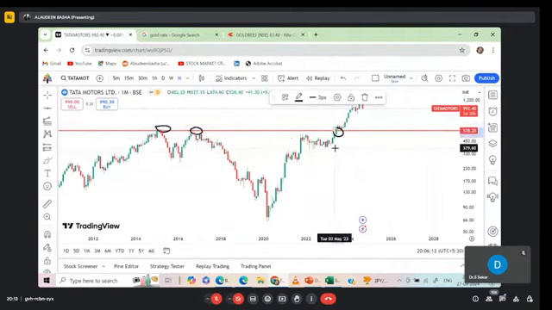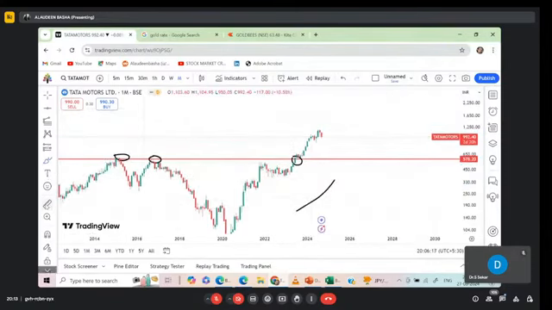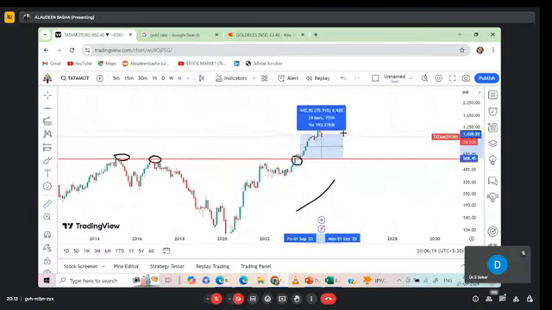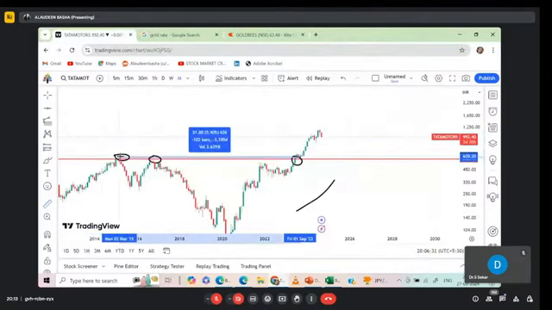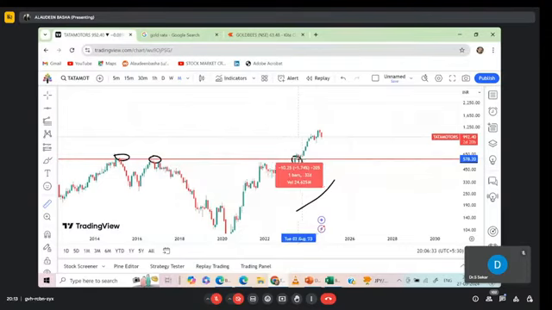Third time, in May 2023, within a year of it breaking out, it returned 100%. From 2022 to 2024, within a maximum of 2 years, it gave 100% return, because it broke out from 2016 to 2024. The same scenario is in BPCL. So just think about BPCL. If you buy, within 2 years your money will double.